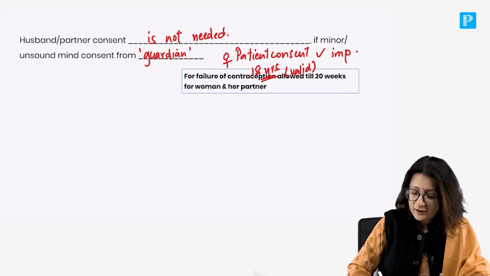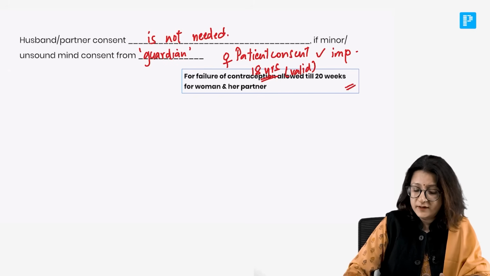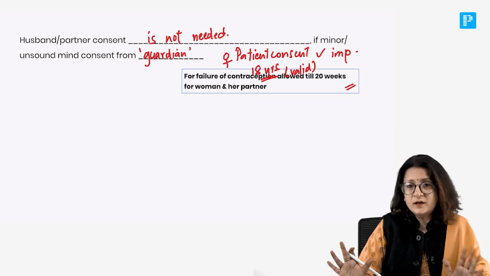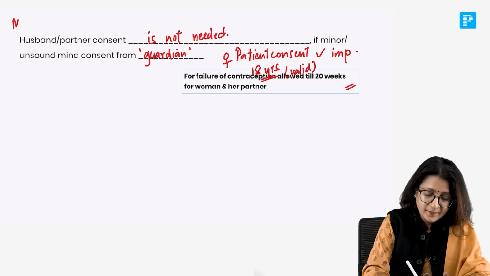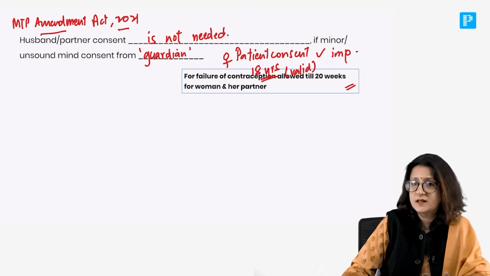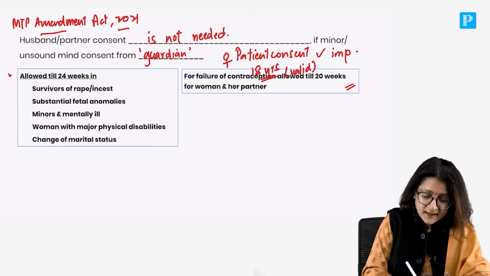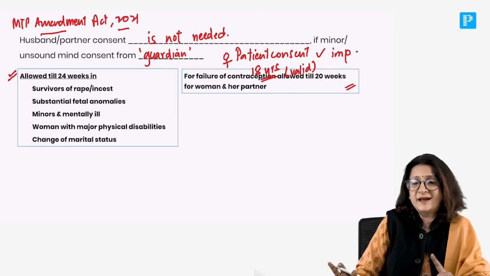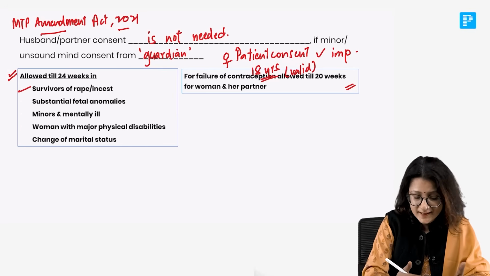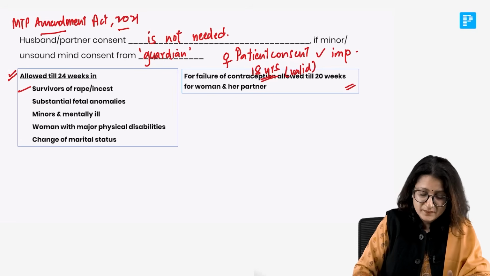For failure of contraception, like I told you, it is allowed till 20 weeks only for woman and her partner. Also remember that it is allowed on the whole till 24 weeks. So this is from the MTP Amendment Act of 2021. So many questions are asked on this, right? So please remember, it is allowed till 24 weeks only in exceptional circumstances like survivors of rape or incest and the other indications as mentioned.